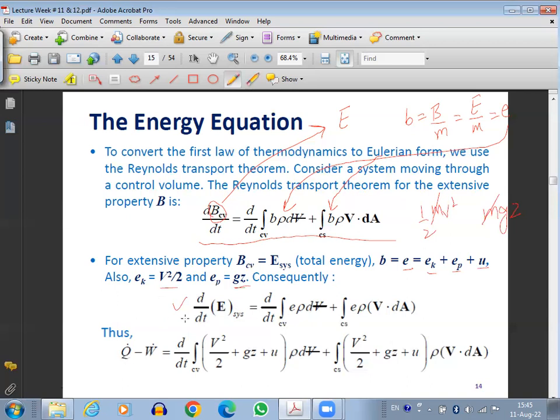So this is the description of this equation for the Reynolds transport theorem.